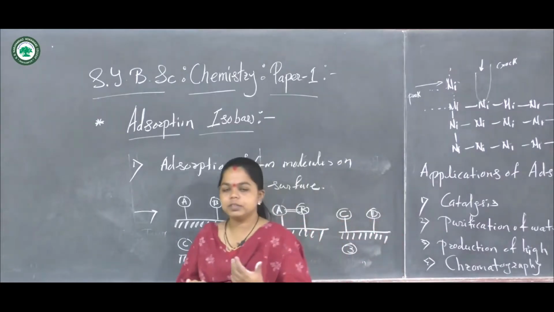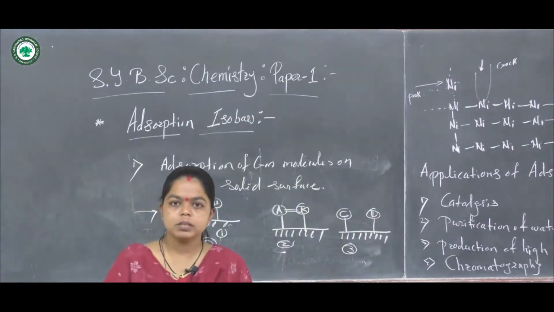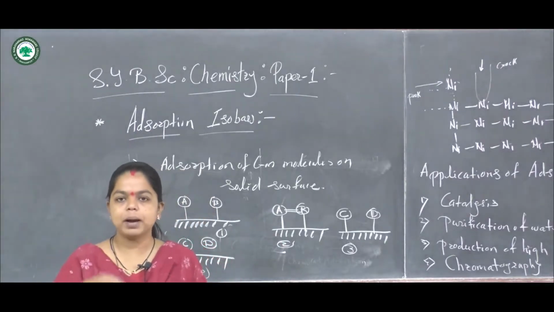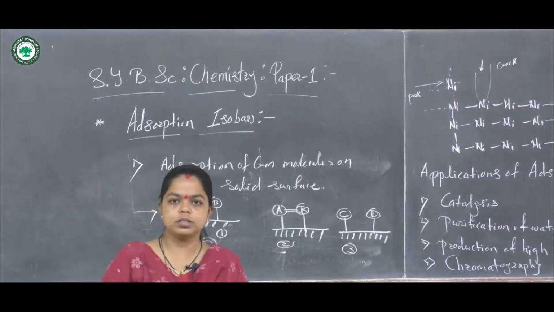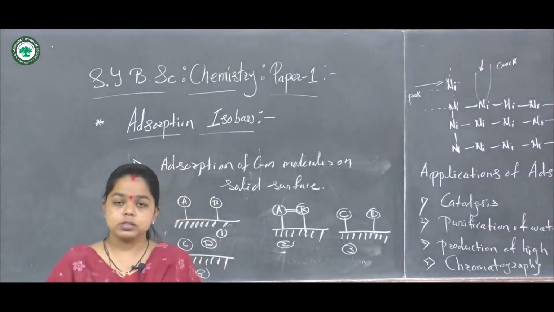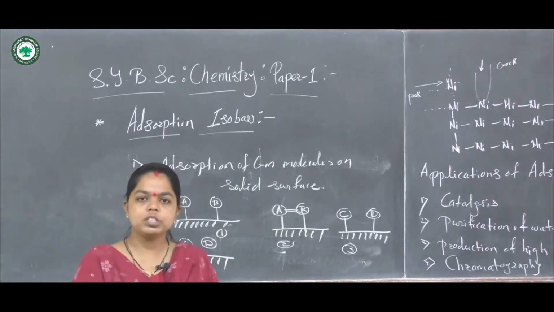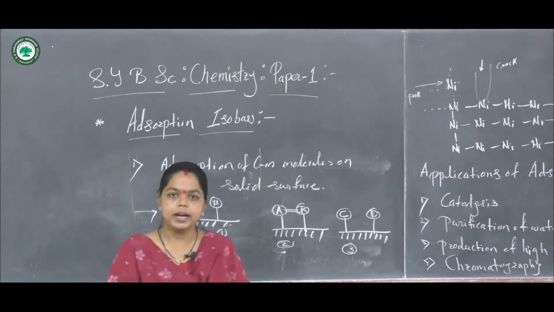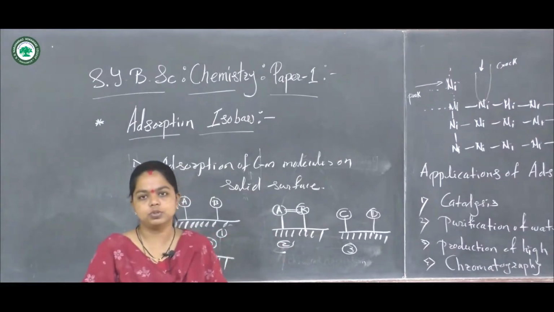For example, if we consider acetic acid and charcoal, what happens in this case? This charcoal will adsorb some amount of the acetic acid solution. So when we filter this solution, what happens? The concentration of the acetic acid is found to have decreased. So depending upon how much the concentration has decreased, we can determine the exact concentration of the solution.